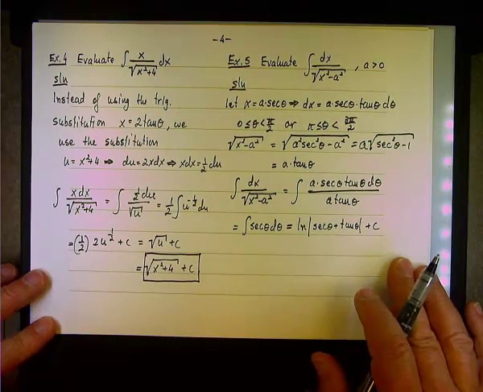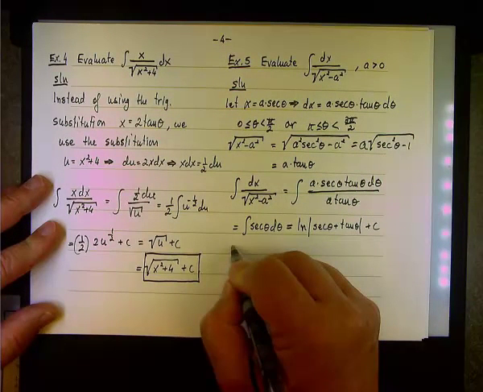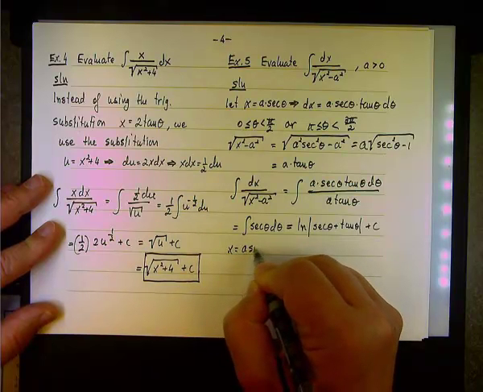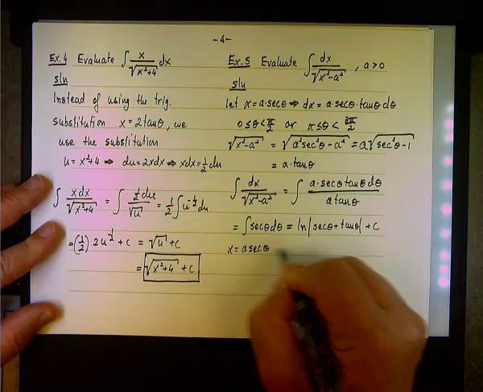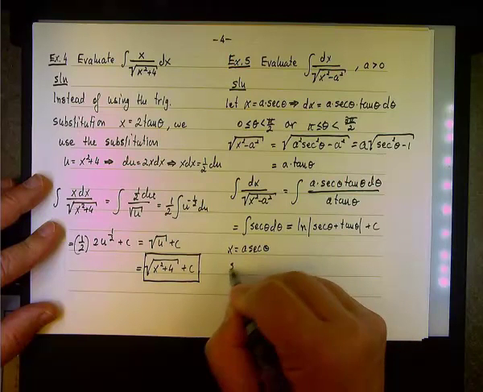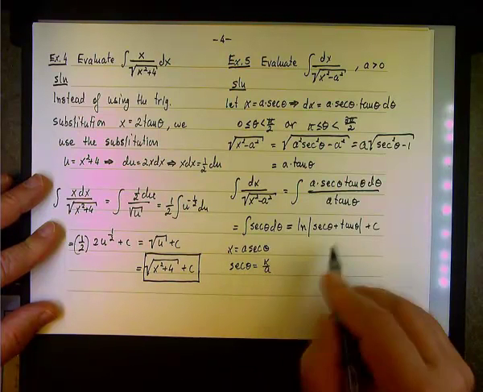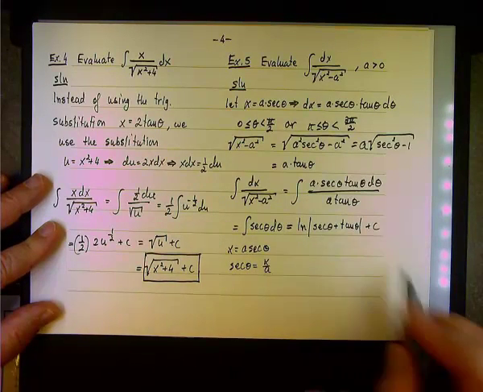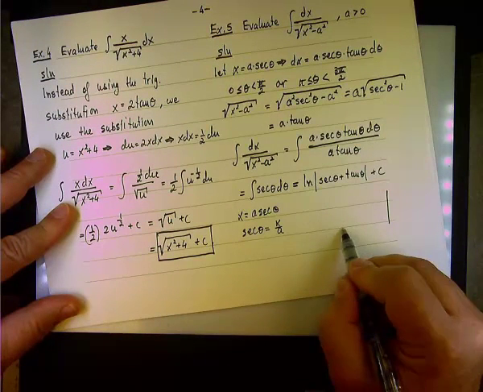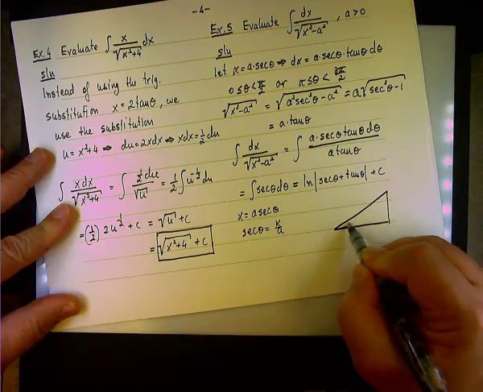secant and the tangent. Now we need to bring back x, and remember the substitution was x equals a secant theta, so you know that secant theta equals x over a. So we need also the tangent in our solution. To get to the tangent, we'll construct this little right triangle in the first quadrant.